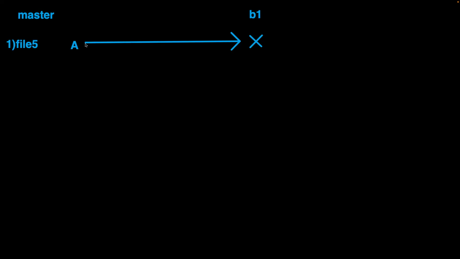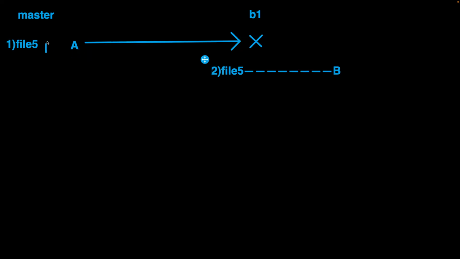So some time back, I started with the scenario of creating a file on master and making a commit there. That's not there on B1. Obviously, I switched to B1 and it's not there. Then I made a file 5 here and made a commit called commit B. This is what we did.